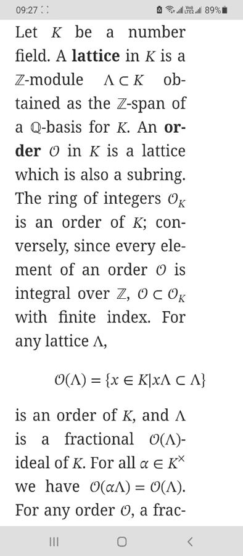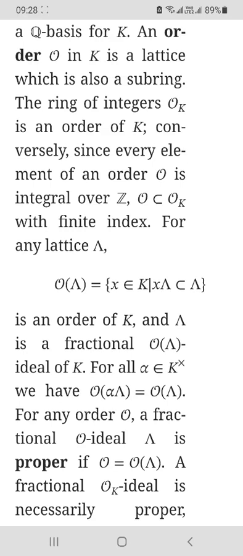That is the essence here. If you can understand the relationship between lambda and O, you can understand this paper, and you can understand complex multiplication of elliptic curves. So an order in K is a lattice which is also a subring.